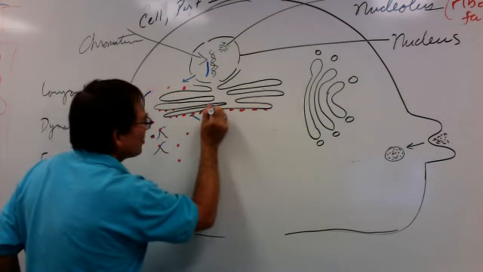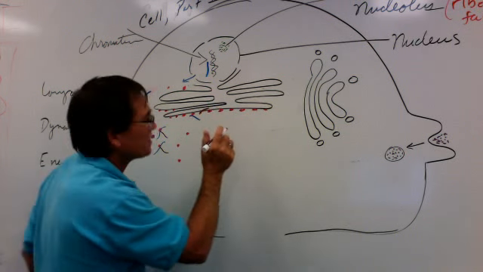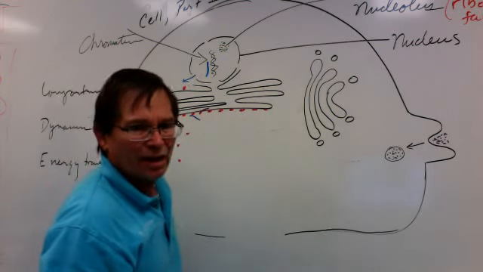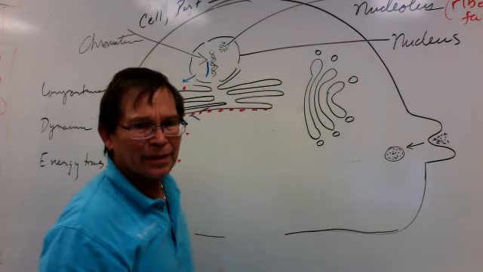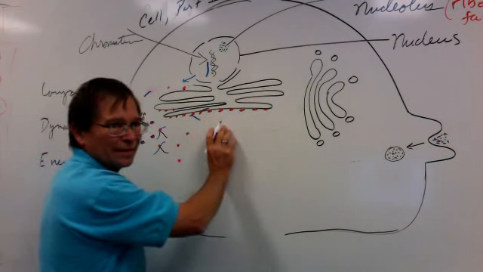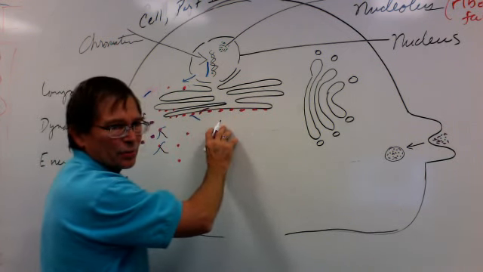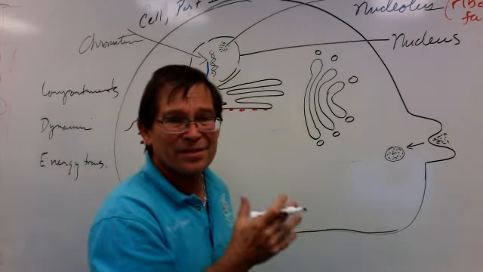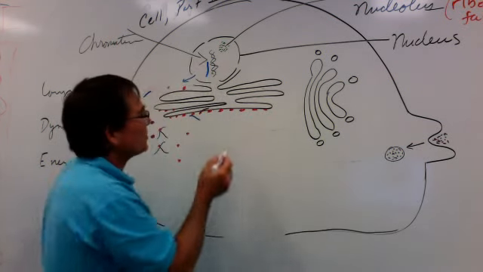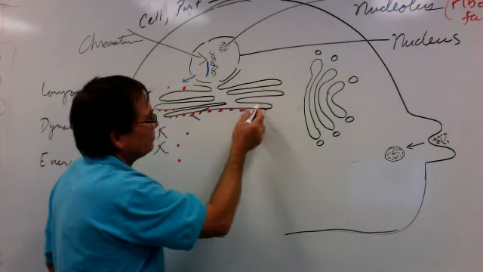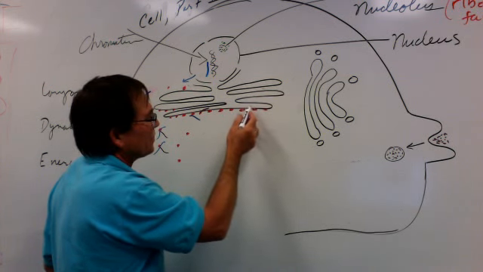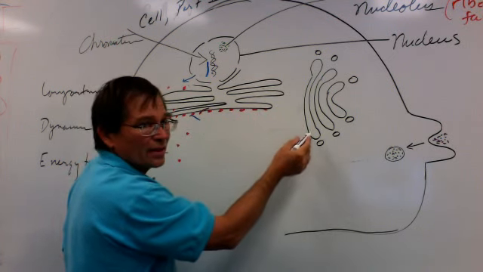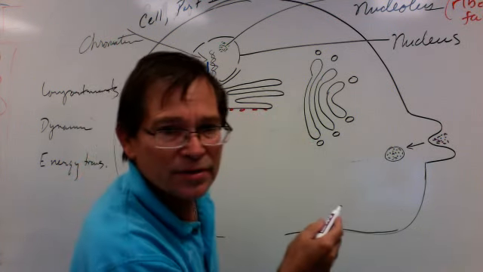It threads its way through tiny pores in the endoplasmic reticulum. Remember, all of these membranes are bilipid layers, composed of phospholipids and protein, about 50-50, although the composition of membranes is different. So the composition of the proteins and their associated enzymes found in endoplasmic reticulum would be different than those found in the Golgi apparatus.